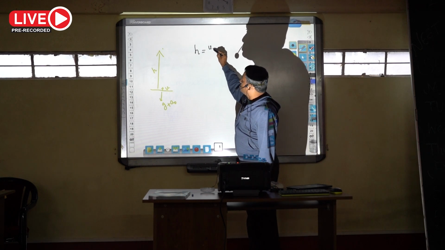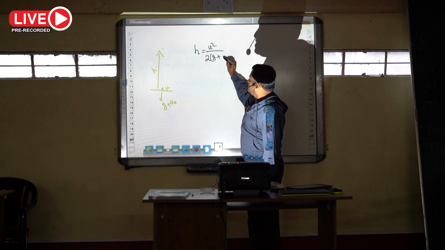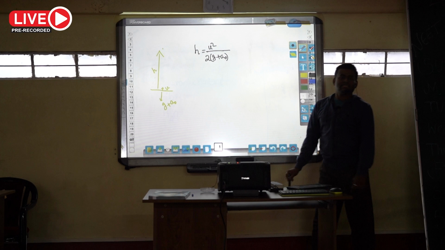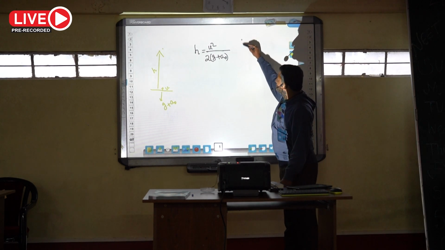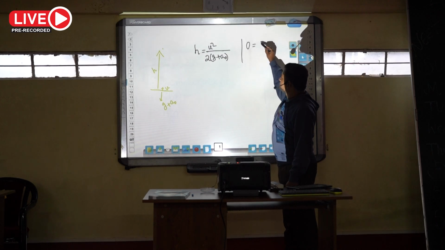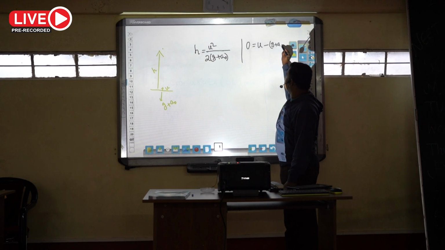h will be u square by 2 into g plus a naught. And in how much time is the ascending complete? T1, it is given. So final velocity will be 0, initial velocity will be u, minus retardation g plus a naught into time taken T1.